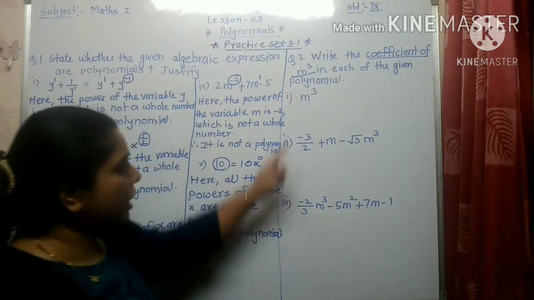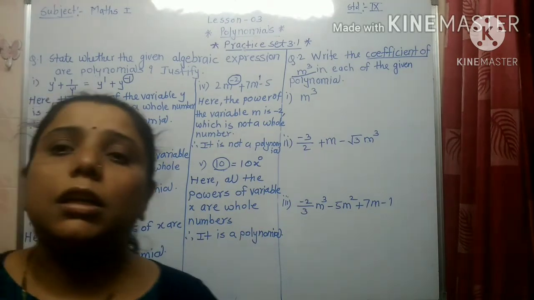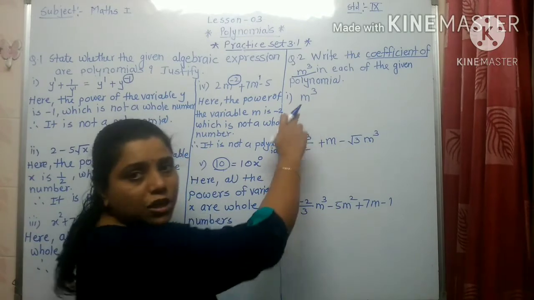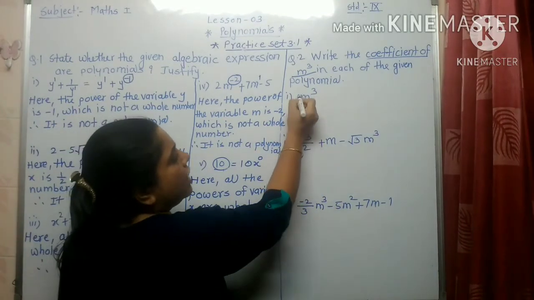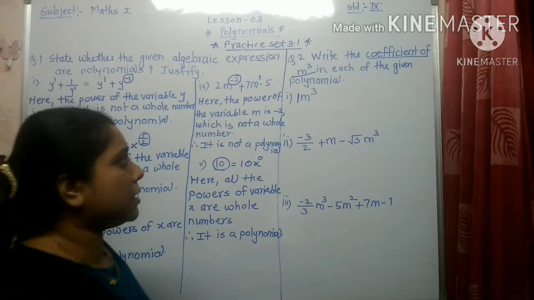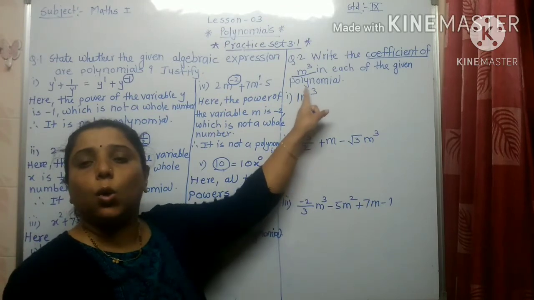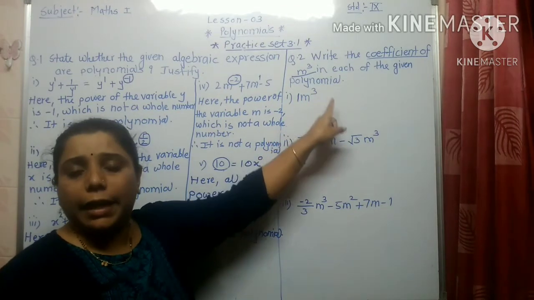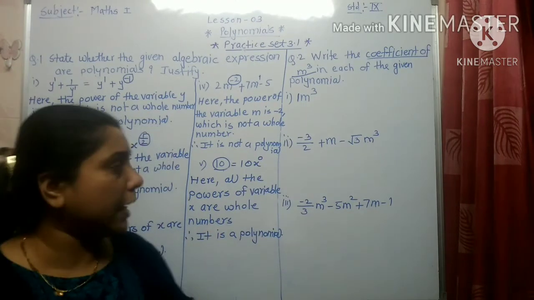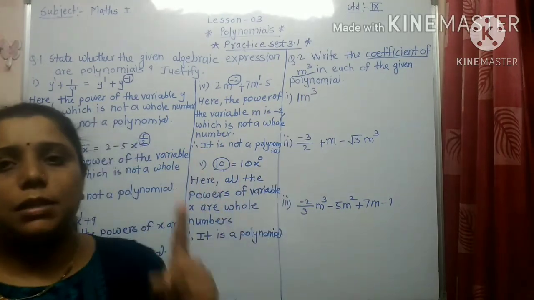Okay. Now here coefficient of m cube. Now in the given algebraic expression, you have to just check which are the terms of m cube. Now here no coefficient is there. So it should be assumed as 1. Okay. Always remember, not 0, because if you write a 0 over here, the whole term will become 0. Hence when the coefficients are not seen in the algebraic expression, then at that time 1 is the coefficient.